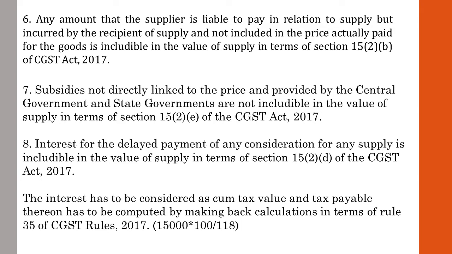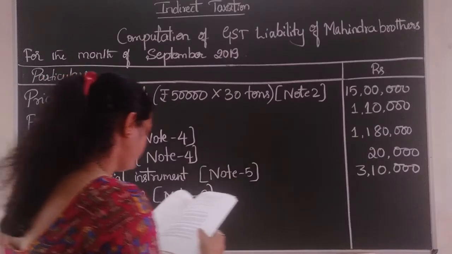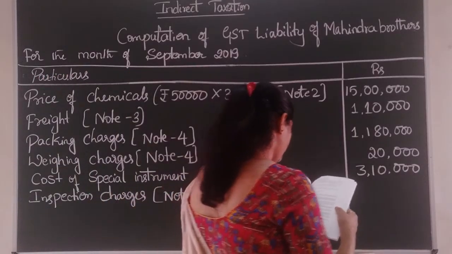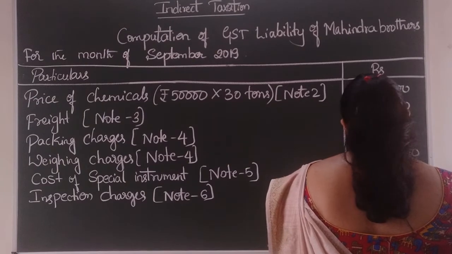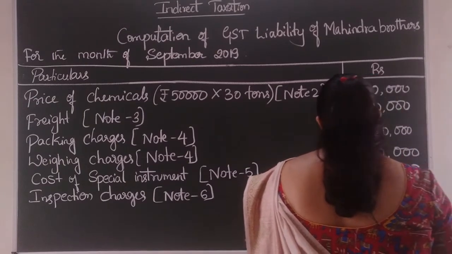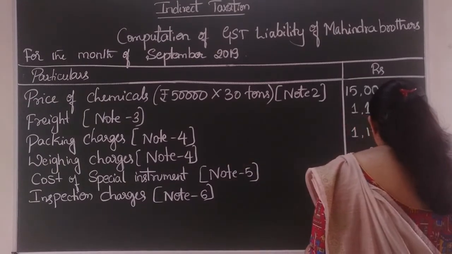That means the supplier has to bear the inspection charges, but P has paid the amount. So that also we should consider for the computation of GST liability of Mahindra Brothers. That is note 6, that is 12,000.